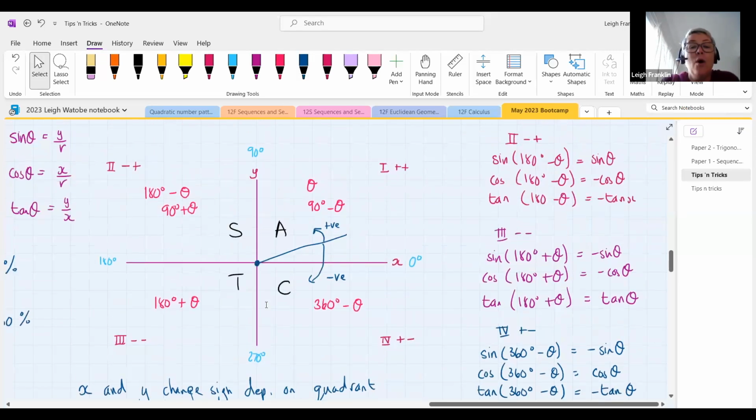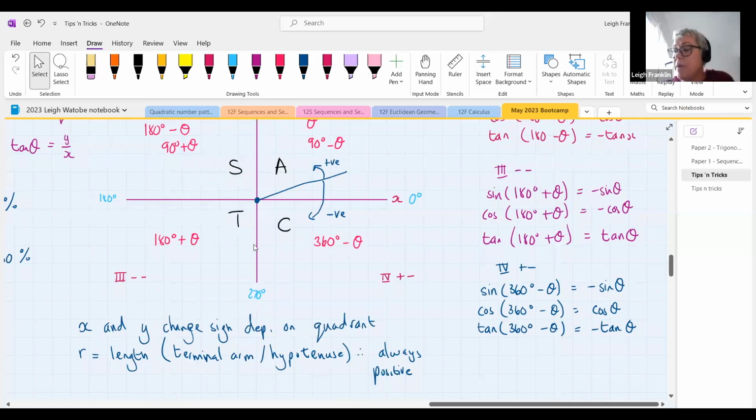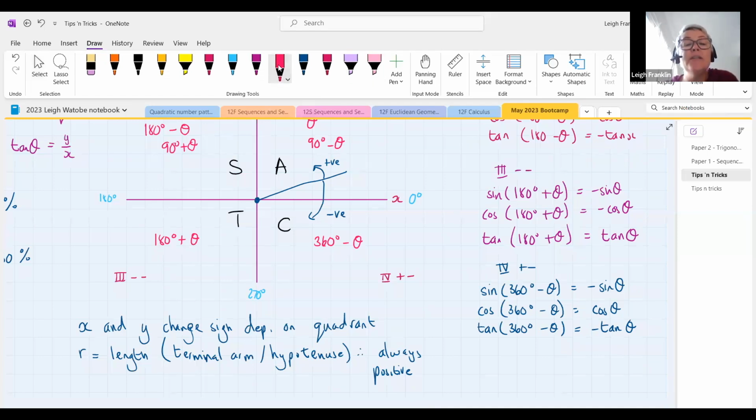Okay. All right, so let's just talk about negative angles because we haven't got those over here as well. So in other words, a negative angle, what's happened is that instead of your terminal arm moving up, so if that's theta over there, your terminal arm has moved in the opposite direction. So that would be minus theta over here.